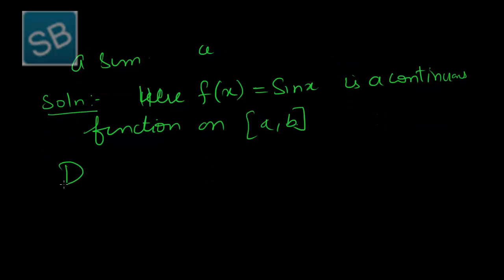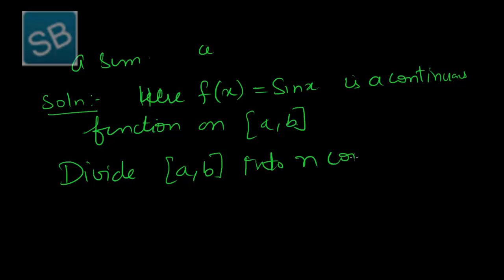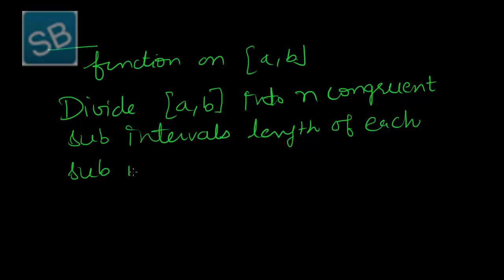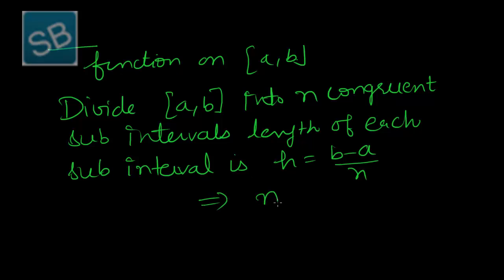Now the second step, divide closed interval a to b into n congruent subintervals. The length of each subinterval is h is equal to b minus a over n, that is nh is equal to b minus a.